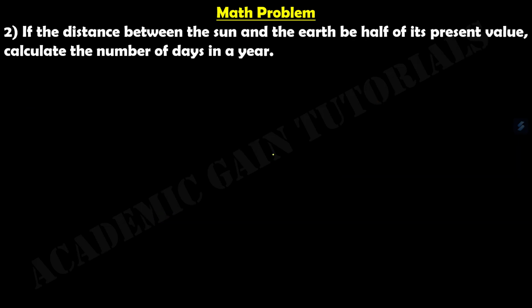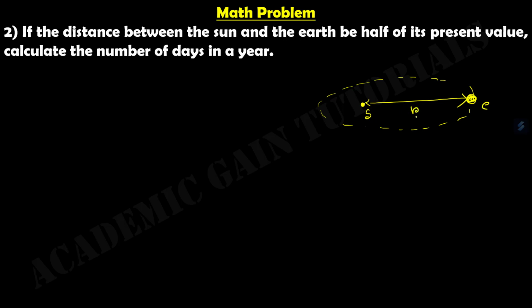Then coming to the second one, it says that if the distance between the sun and the earth be half of its present value, we know the earth is moving in an elliptical path where the sun is one of the foci. So this is our earth and this is the sun, and this distance is known as the distance between sun and earth.